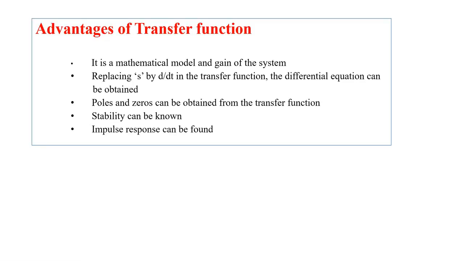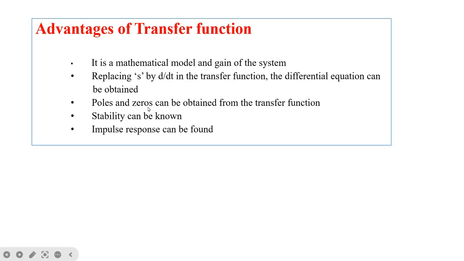Next comes the advantages. So advantages here are, it is a mathematical model and the gain of the system. That is, it gives the mathematical models of all the system components and hence the overall system. And the individual analysis of the various components is also possible by the transfer function approach. And when you replace s by d/dt in the transfer function, then you will get the differential equation for the system.